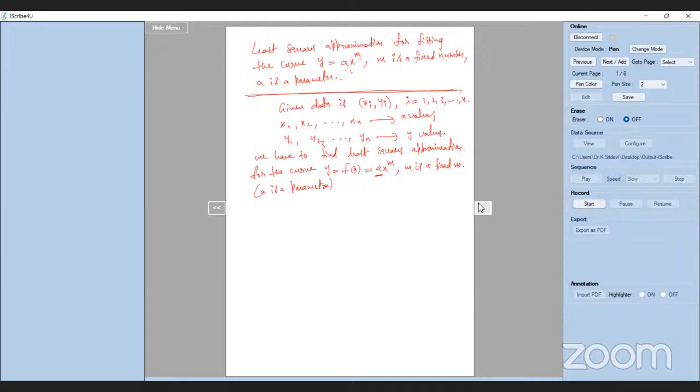Next, let y is equal to f of x is equal to the given curve in the form of a into x to the power m. M is a fixed number. So remember this point, m is not a parameter. It is a fixed number. It may be 2, 3, whatever it may be. But a is a parameter. It can be changed itself. But m is a constant value, that means a fixed number.